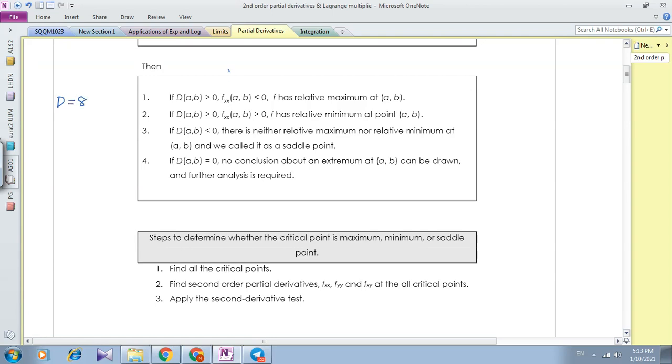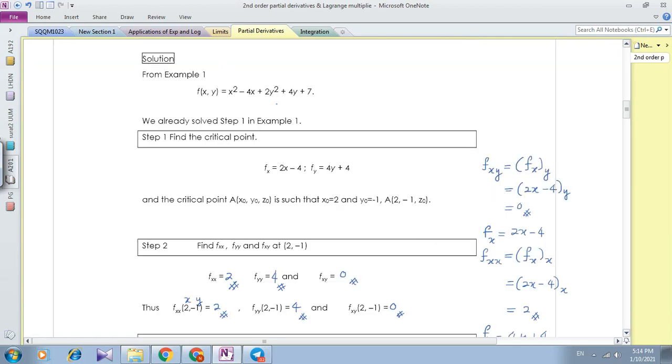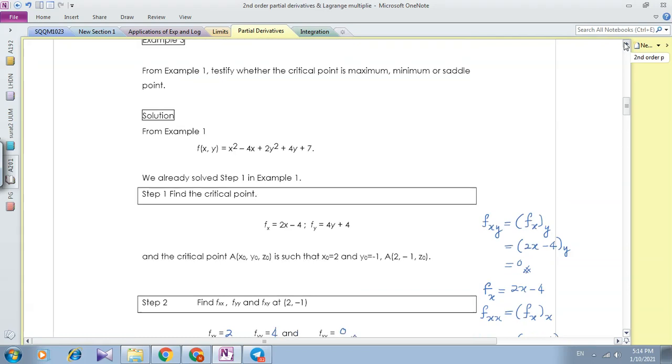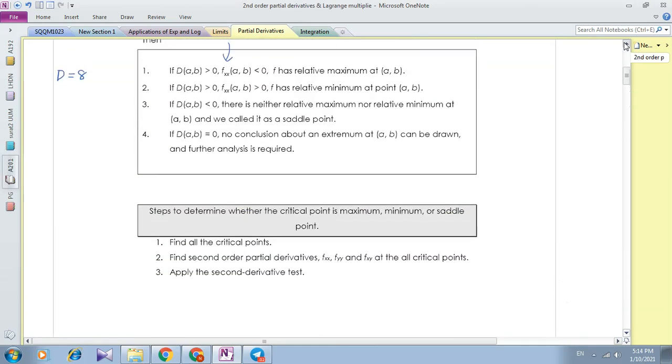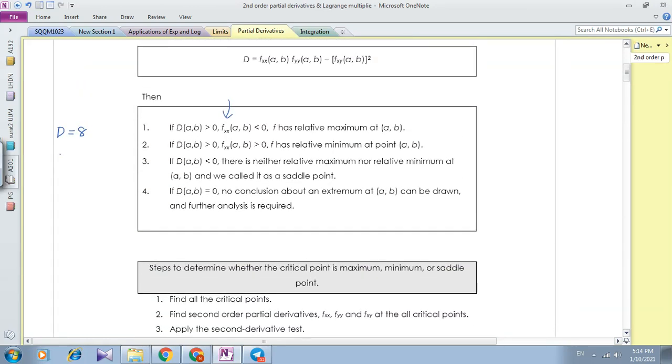We need to check whether fxx is less than 0 or fxx is more than 0. fxx is 2, which is greater than 0. So we can see that both are greater than 0.